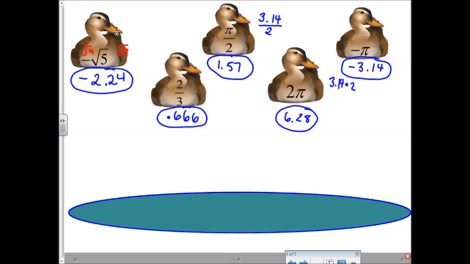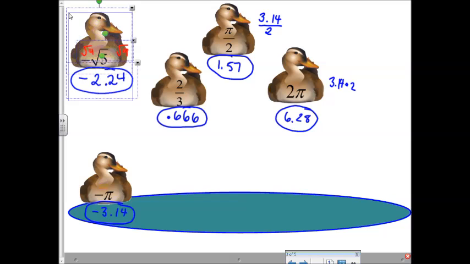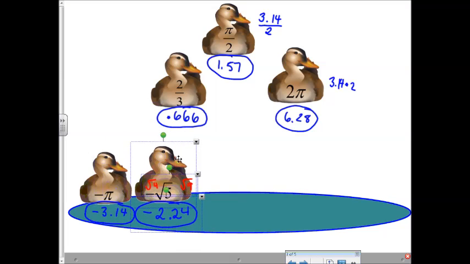Now we can order our ducks. The smallest is negative 3.14. Remember, when we're in the negatives, the bigger the negative, the smaller the number. Very backwards, I know. Negative 3.14 is smaller than negative 2.24. And now we go into the positives.